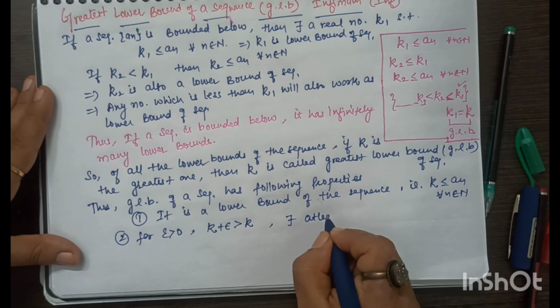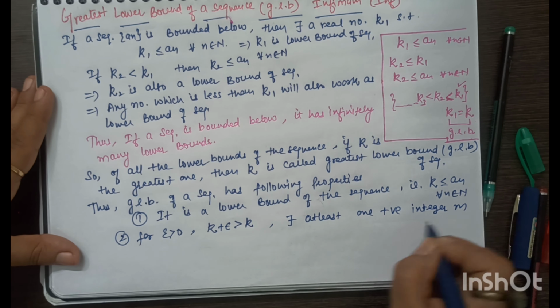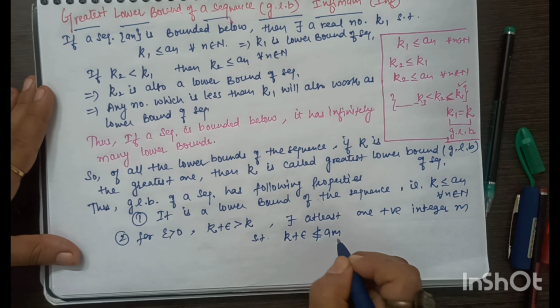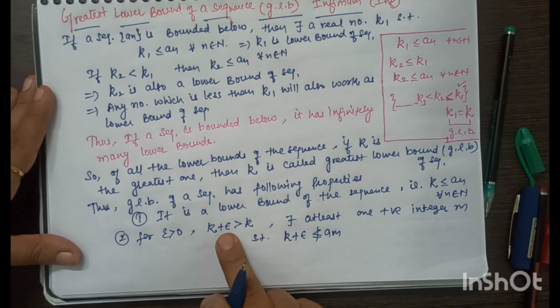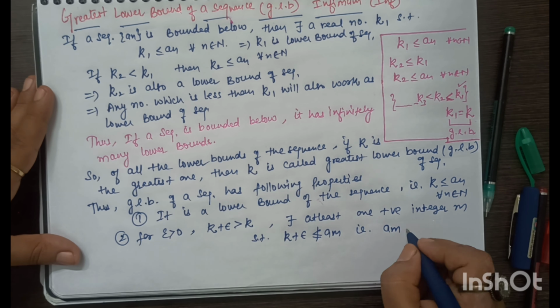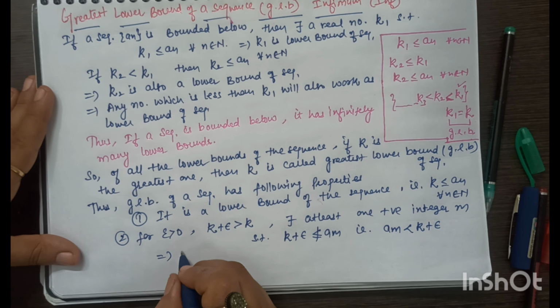There exists at least one positive integer small m such that the mth term of the sequence will not be following the lower bound definition with k plus epsilon. That is, a_m will not be greater than or equal to k plus epsilon. That is, a_m will be less than k plus epsilon.